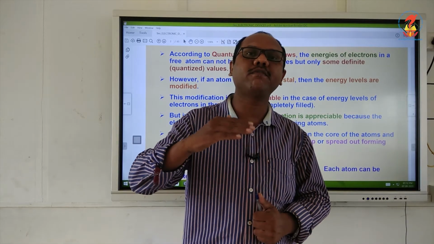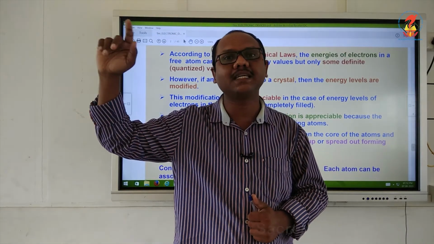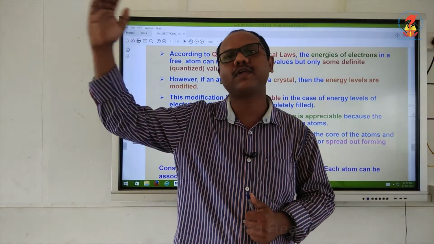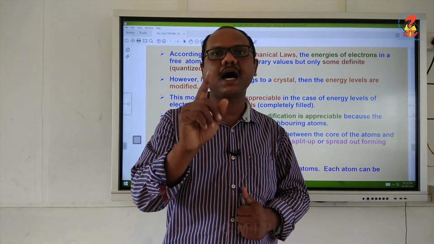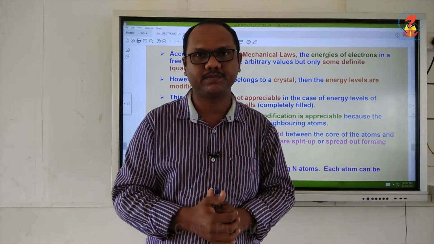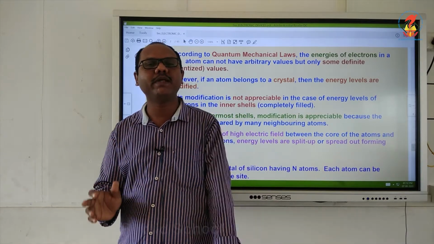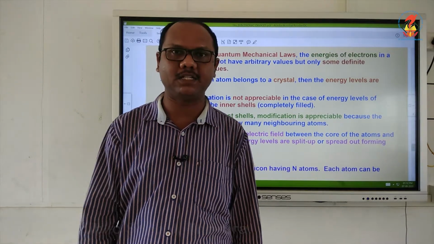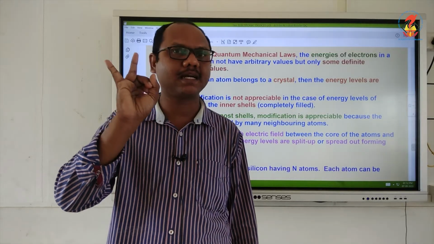And as they move from valence band to conduction band, those electrons in the conduction band are free electrons. Those free electrons are responsible for conduction. So, conduction is actually due to the movement of electrons in the conduction band. Okay. So, we have studied valence band and conduction band.